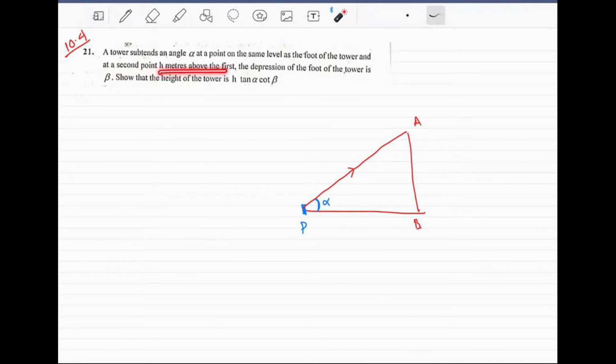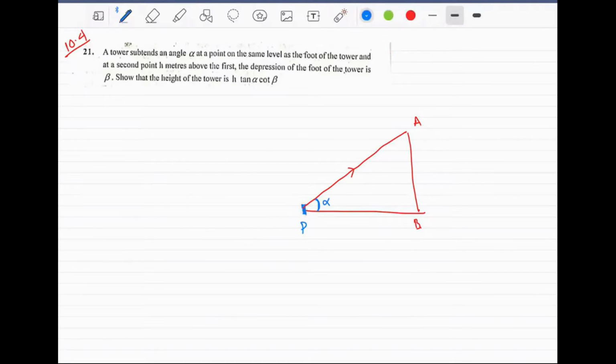H meters above the first. From this point P, we go up a little higher. How high? H high. And we take another point like this. Look, the concept is like this. Here is a previous point, we go up a little higher and take another point. How high? H high.